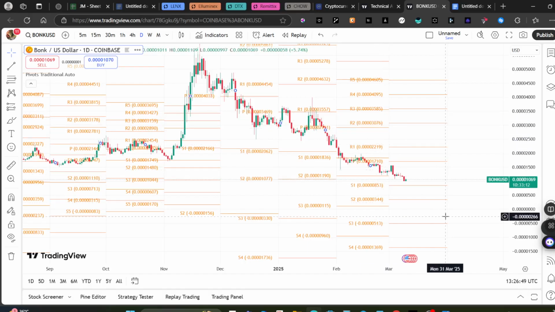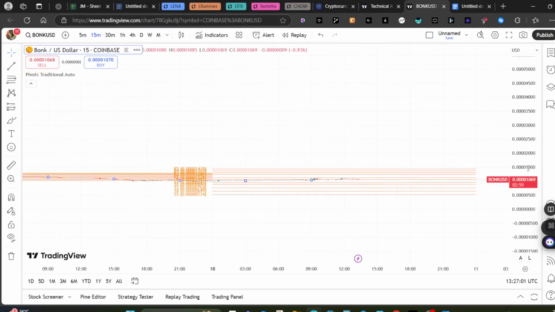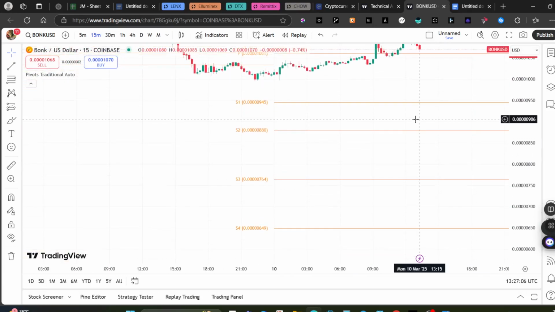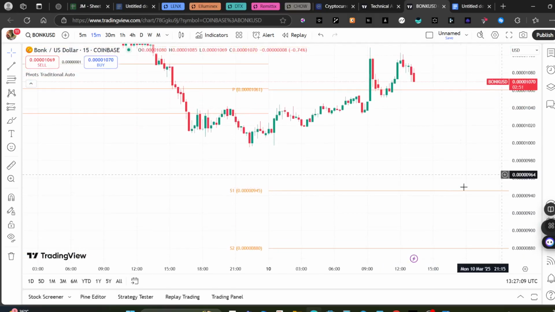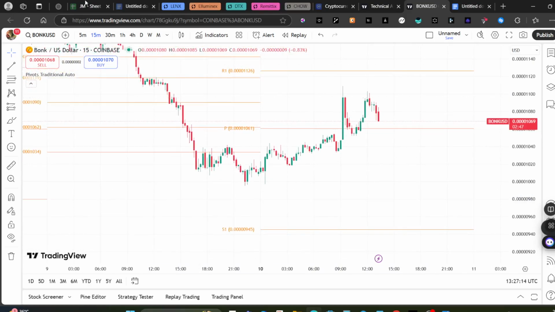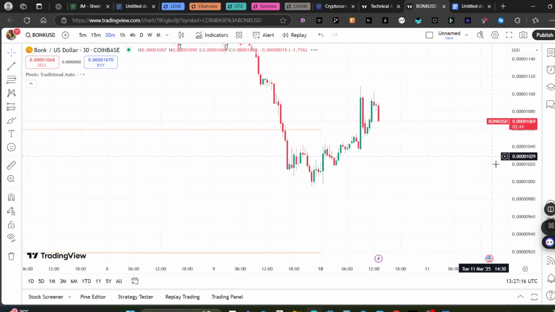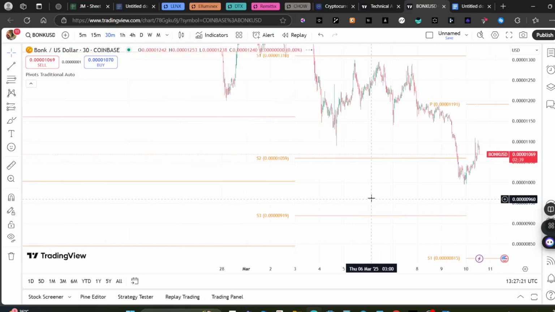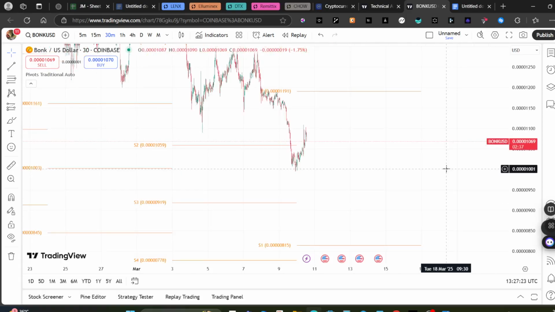Also, use multiple time frames. Pivot points are most effective on shorter time frames, like the 15-minute chart or the 30-minute chart for scalping or day trading.